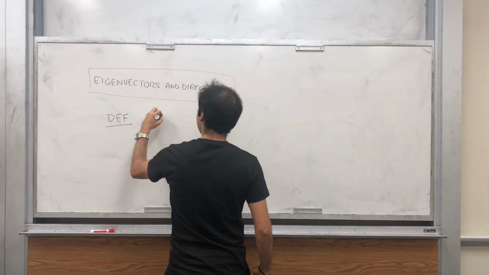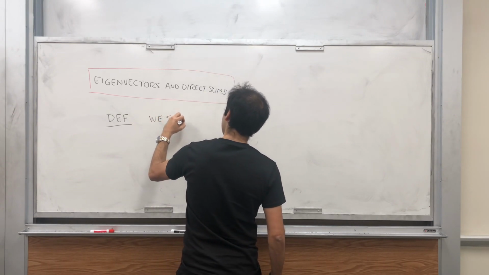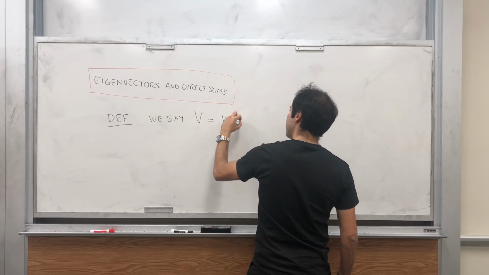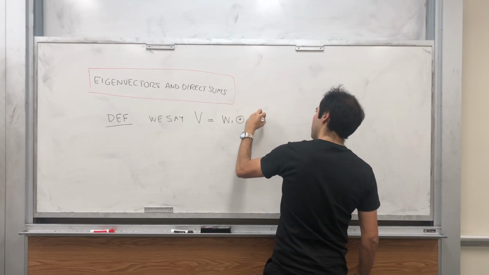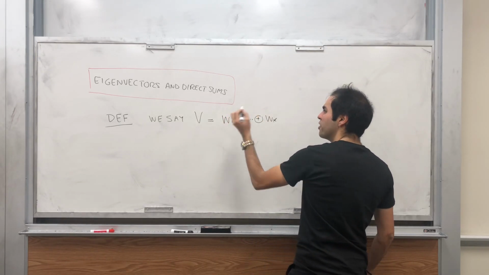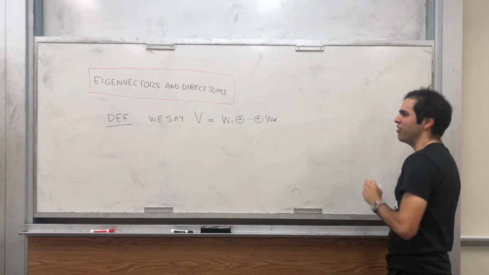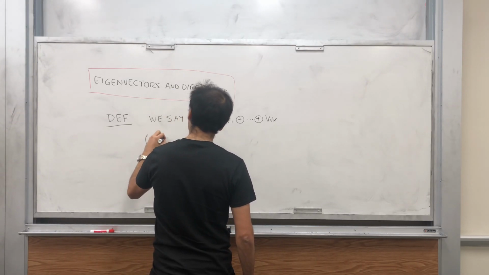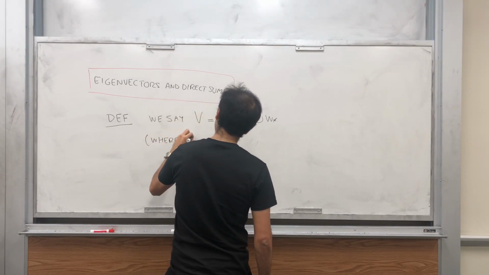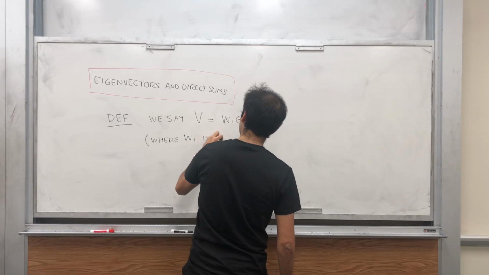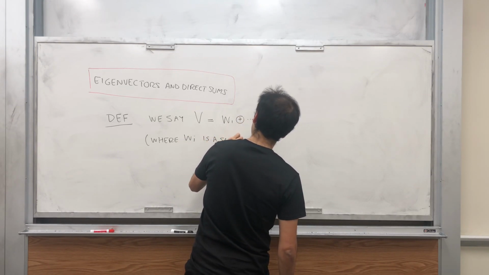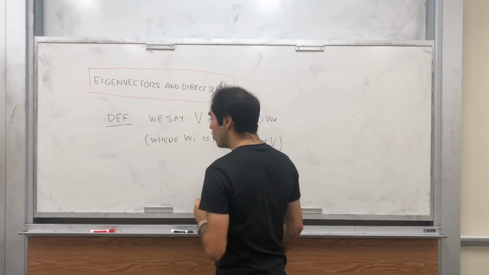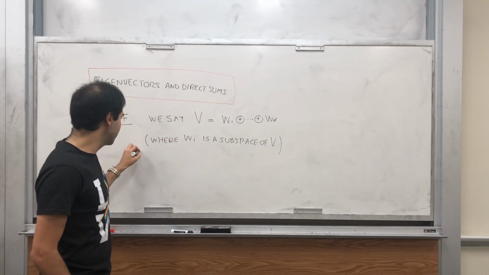So we say that a vector space V is a direct sum of subspaces, V = W1 ⊕ ... ⊕ Wk, where each Wi is a subspace of V, if and only if the following two things are satisfied.